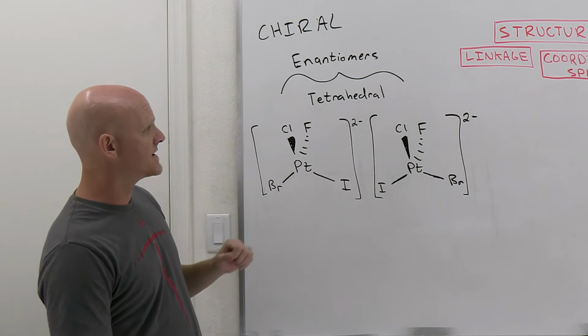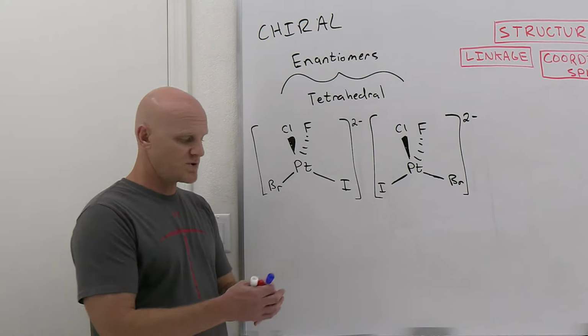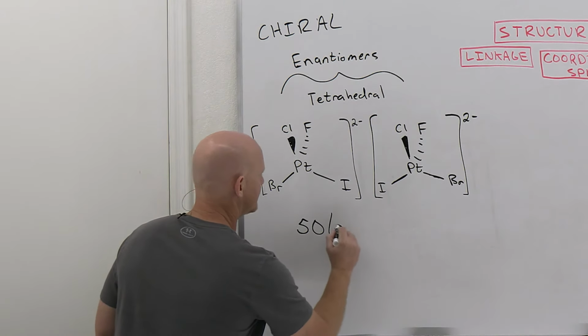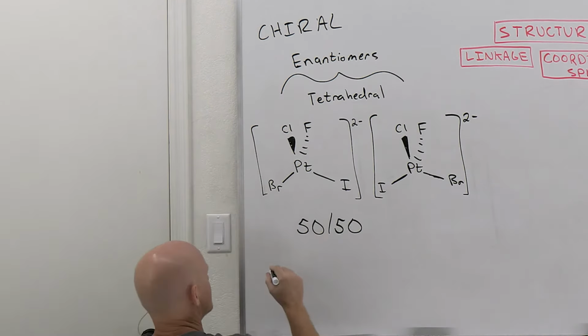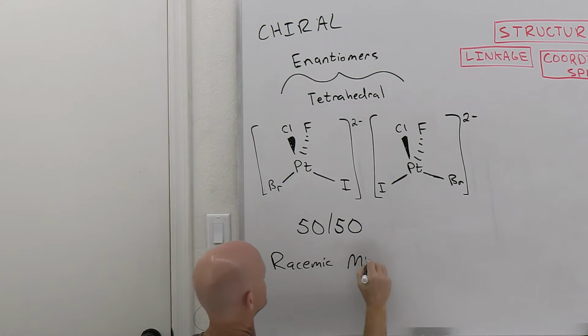The last thing I did want to say here is that if these rotate light in opposite directions, well, if you mix these 2 together in solution and you have an exactly 50-50 mixture, it gets a special name. We call it a racemic mixture.